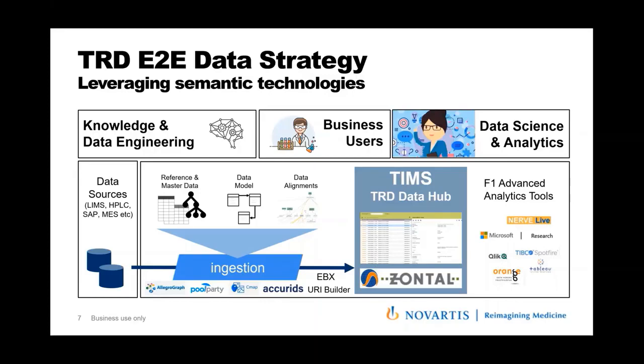so that we do not only create interoperable data within TRD for the various departments, but even along the broader value chain of all of Novartis, from research through development down to commercial production, and that everyone has access to product information.